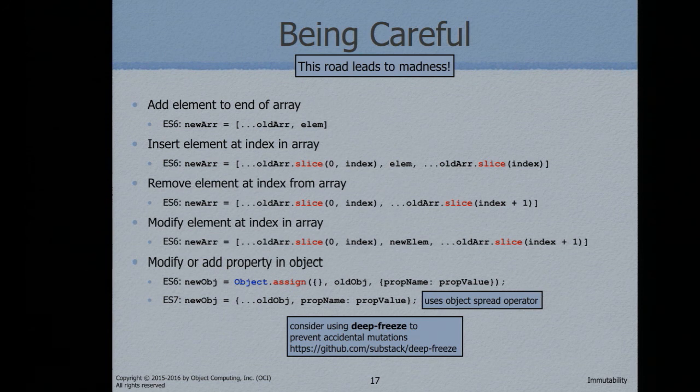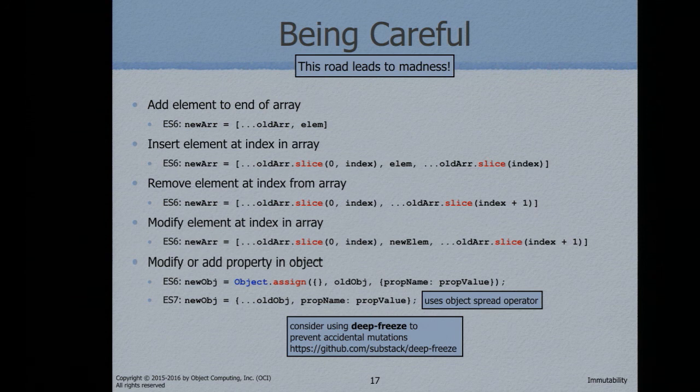So the first one is being careful. And on this slide, you're going to see a lot of examples that use features from ES6, new things in JavaScript, particularly the spread operator for arrays, and then we'll look at Object.assign. So with an array, if you need to make a new version of an array, you don't want to modify the original one, you could add an element to the end very easily.